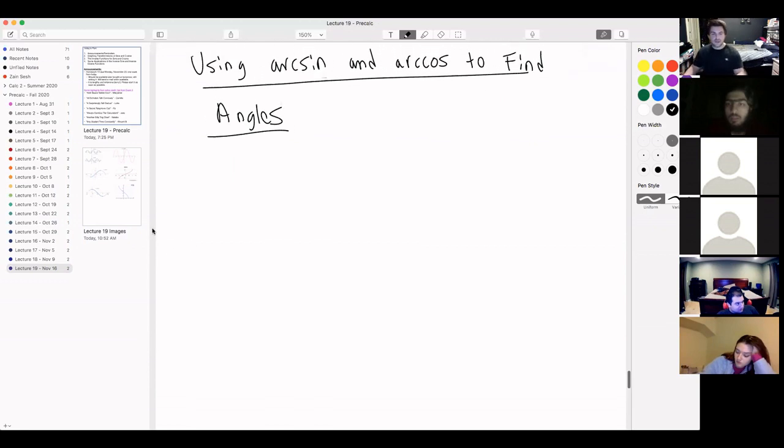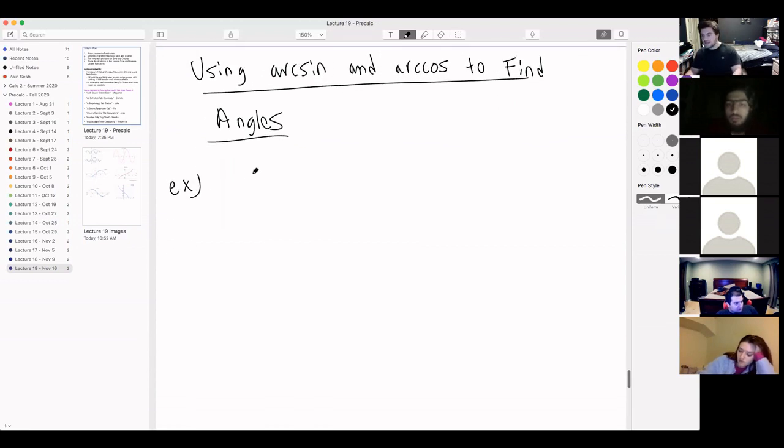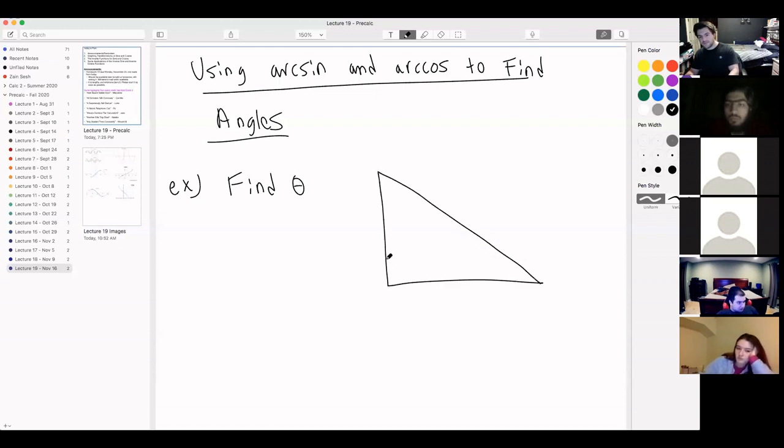Here's what the question will look like. Example: find theta, and I'm going to draw a right triangle and give you some sides. The hypotenuse is 12 and the adjacent is 9. Find the angle theta.